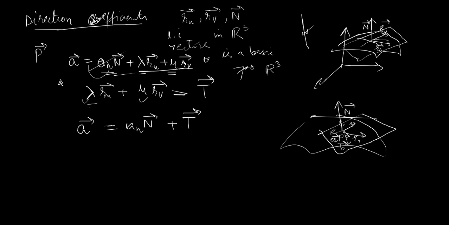Now the tangential component of A at point P is lambda r_u plus mu r_v. But as is the practice, if I have a vector in a plane, if you have an x-axis and y-axis, and a vector A here, how do you write it? You write A as some x times e1, where e1 is the unit vector along the x-axis, plus another number times e2.